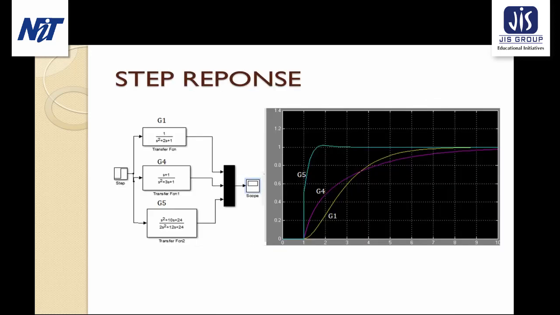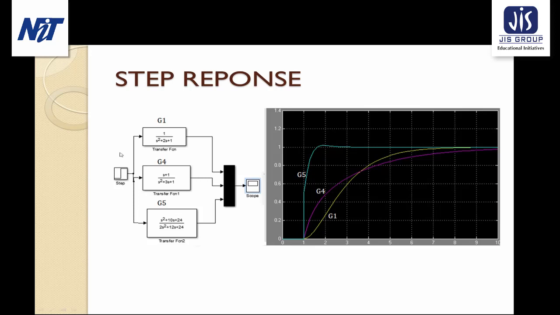Next, we are getting the step response of these 3 systems. So this G1 is basically the first system which has only 2 poles, G4 has 2 poles and 1 zero, and G5 has 2 poles and 2 zeros.